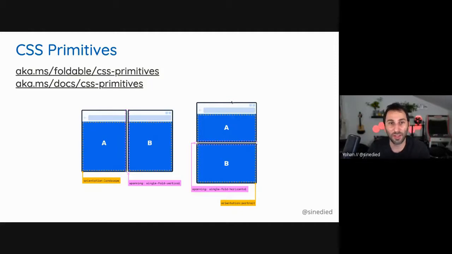Every time in these slides, I put two links. The first one is the link to the draft specification if you're interested in reading it. And the second one is a more recent document that was just released, I think on our docs platform. The second one is more up to date.